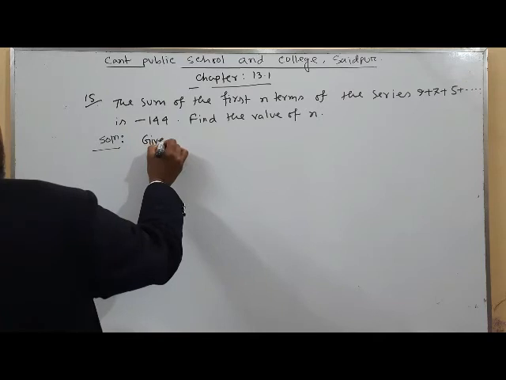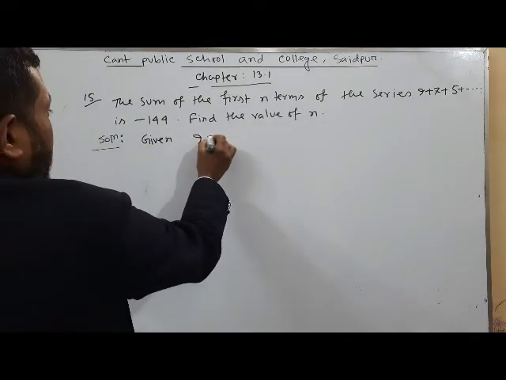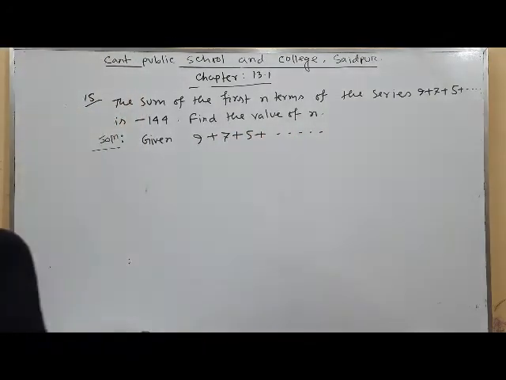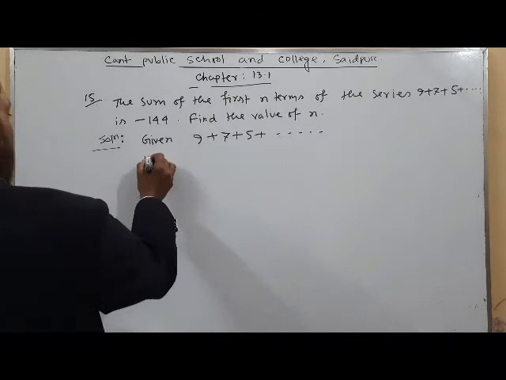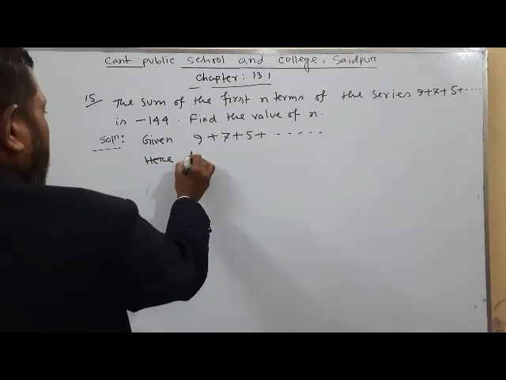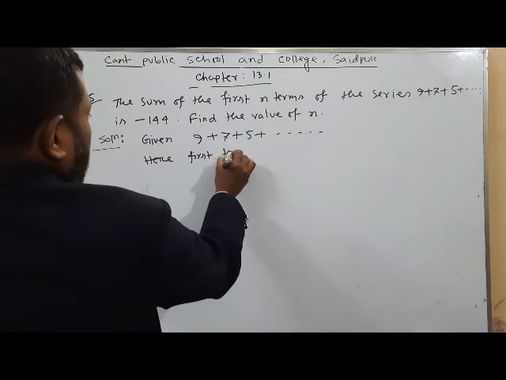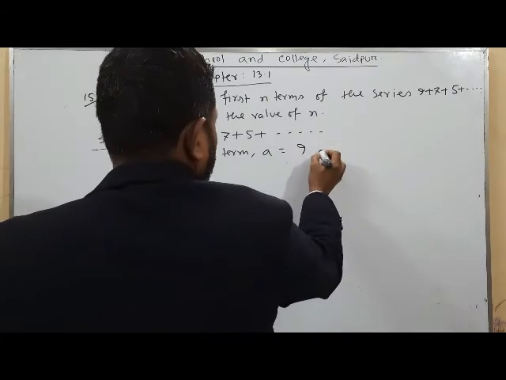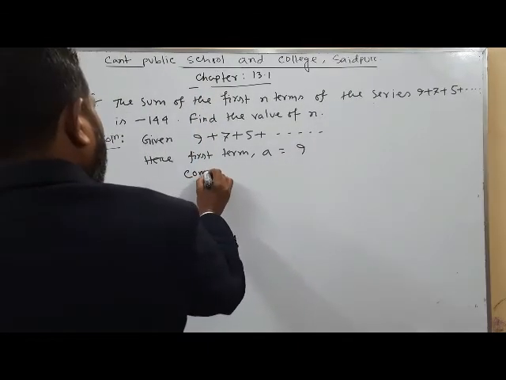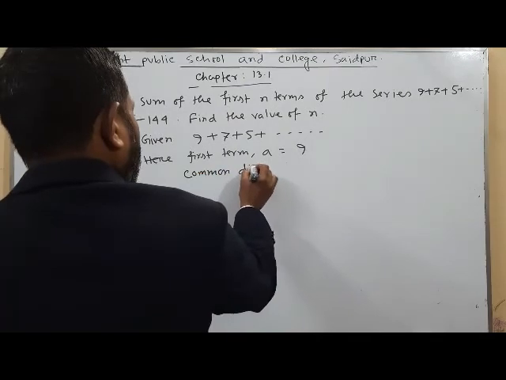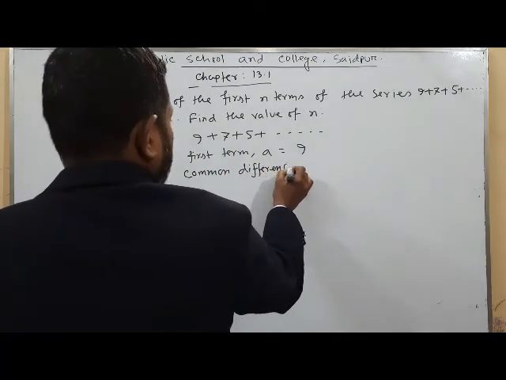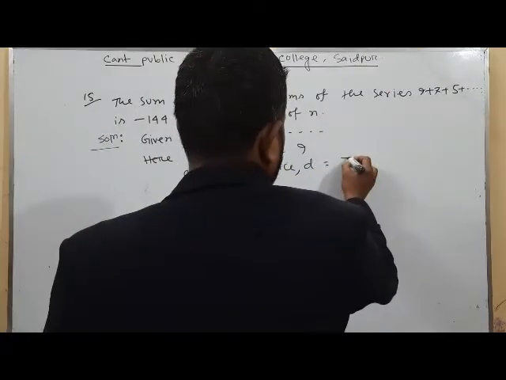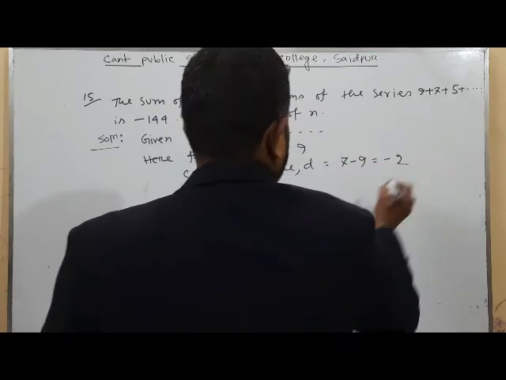Given the series 9 plus 7 plus 5 plus dot dot dot, here the first term A is equal to 9, and the common difference D is equal to the second term minus the first term, 7 minus 9, which will be minus 2.